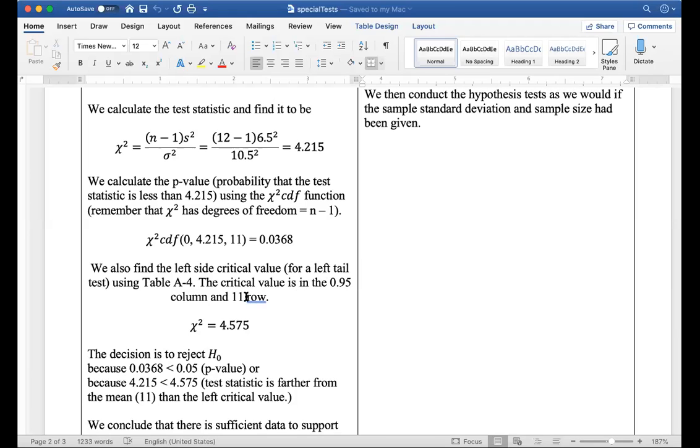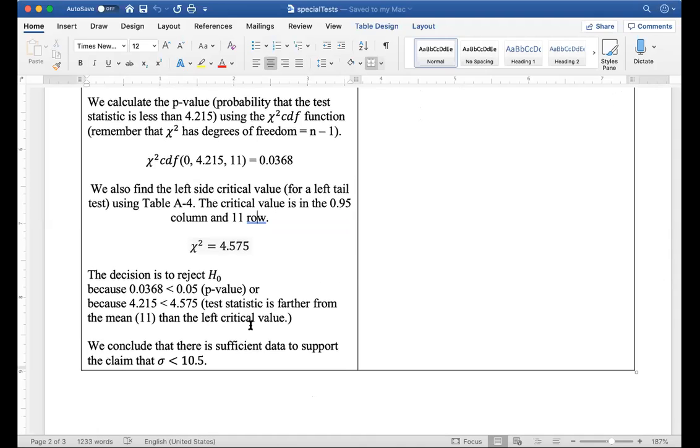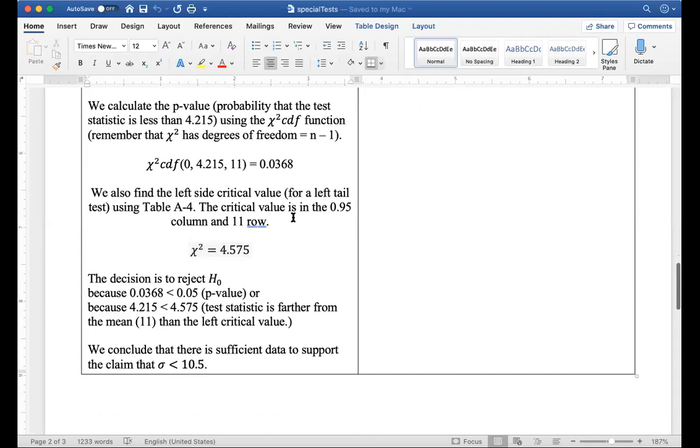That's in the one-tail 0.95 column, and we look in the 11 row, which is the degrees of freedom, to get that critical value. And we see that the test statistic, 4.215, is farther away from the mean, farther to the left than the critical value, causing us to reject H0.